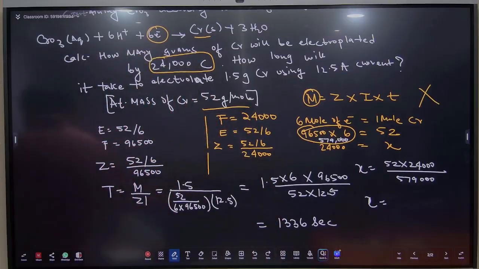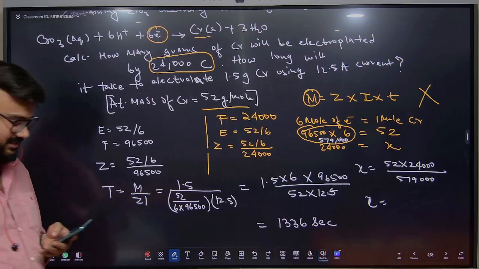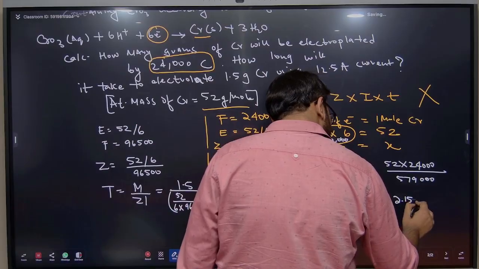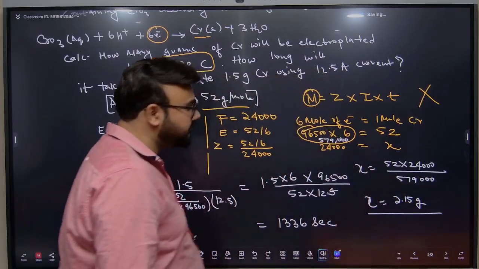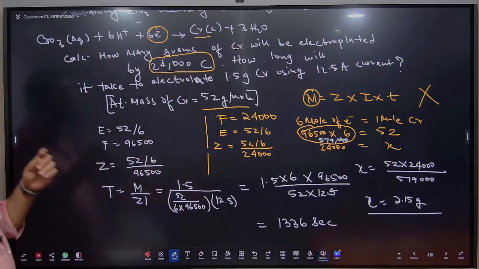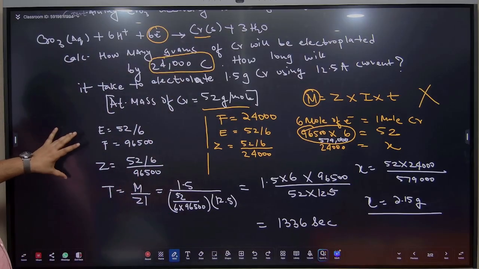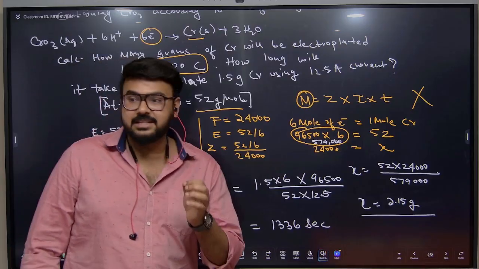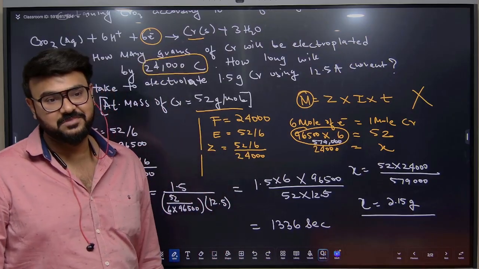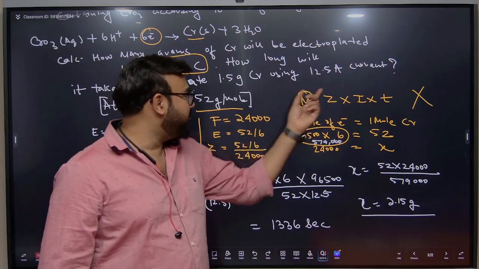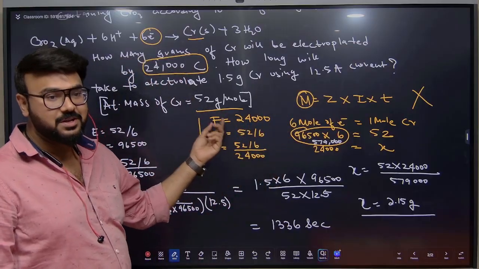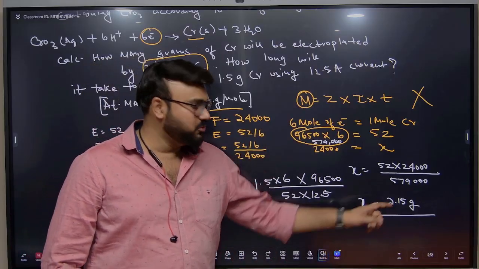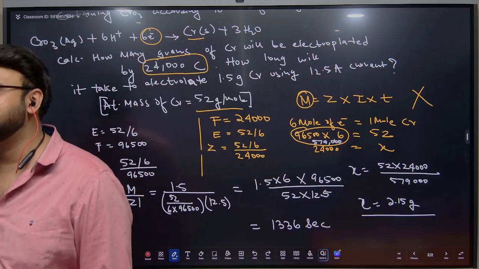Okay, so find the mass. So understand, when 5,79,000 coulomb was used, that deposited 52 gram of chromium. When only 24,000 coulombs was used, we got 2.15 gram. That's it. Simple.